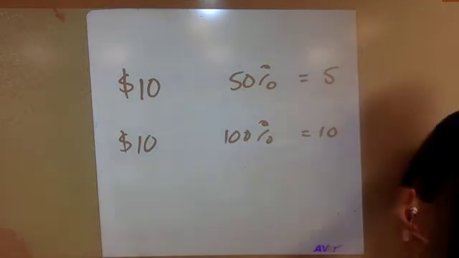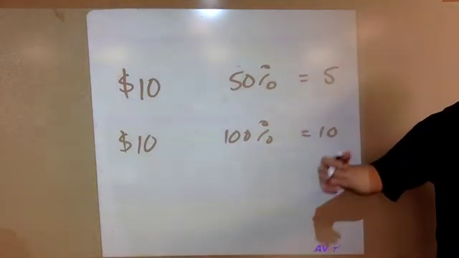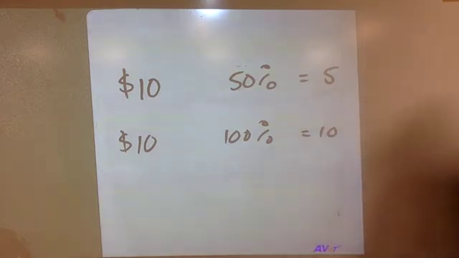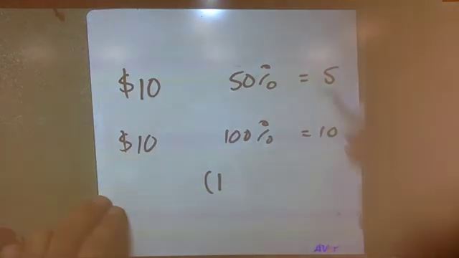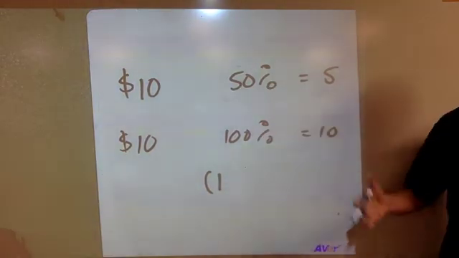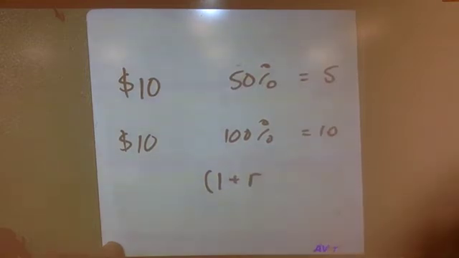So I have to give you back that 100% because that's what you gave me originally, plus I have to give you the 50% that you earned. That's where the 1 comes from. The 1 represents the 100%. That's just getting you back to the start plus the rate of growth, which was 50%.